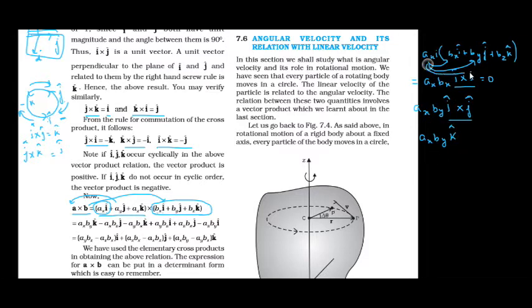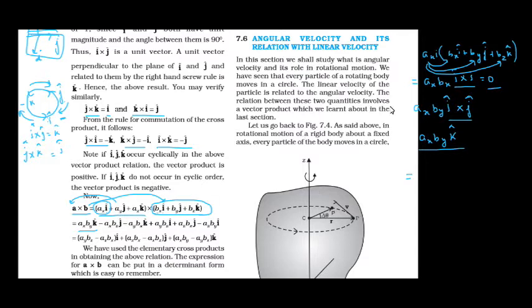So if you see here, ax by k is the first product which we have written. We have not written this axbx i cross i, that is 0.